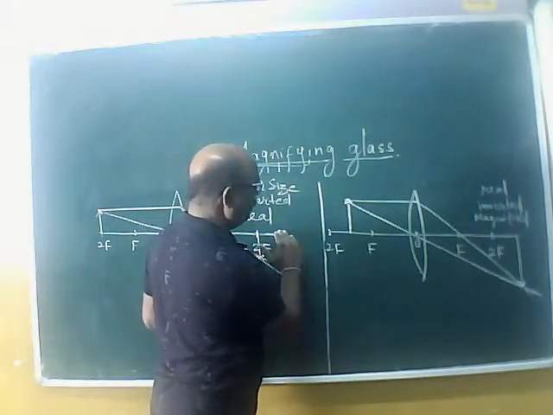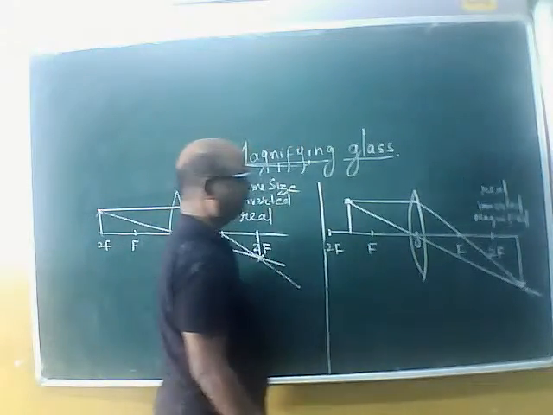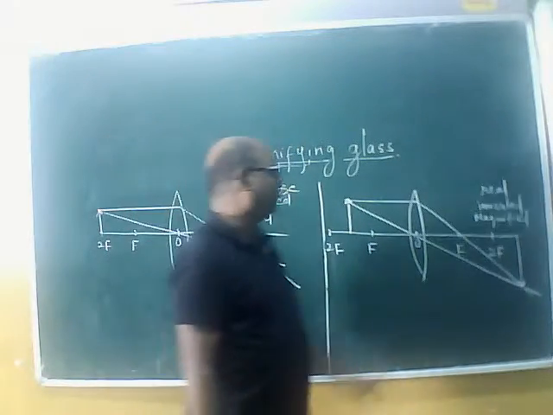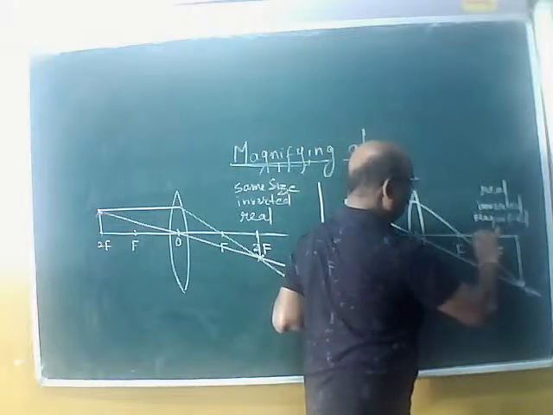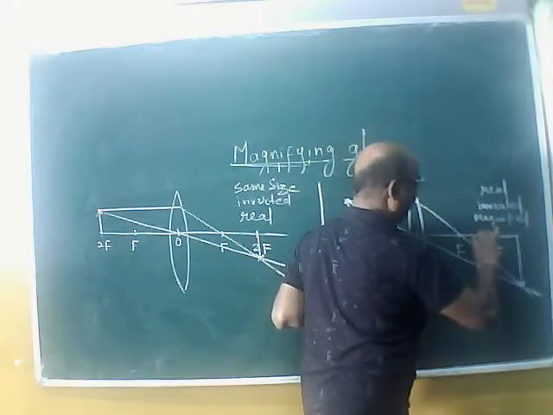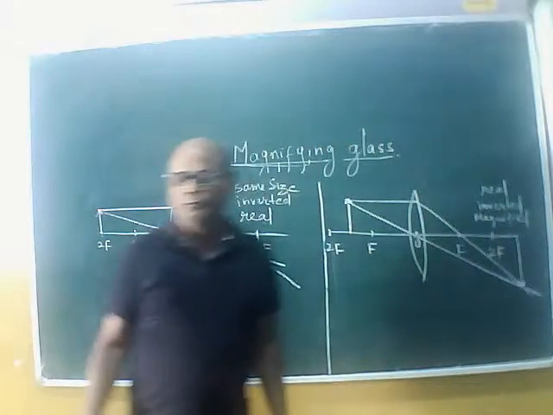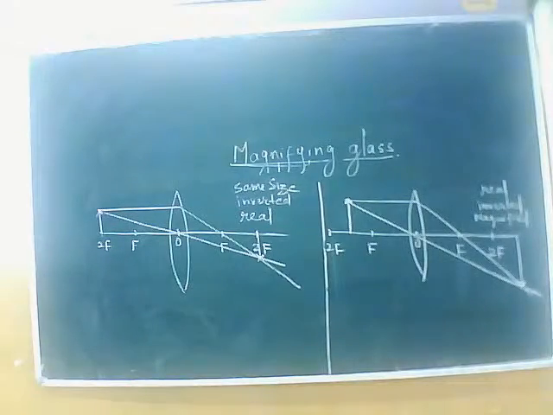Then what position is there now? If you keep the object beyond 2f, what will happen? The image will be formed between f and 2f. A small, inverted and real image will be formed between f and 2f.